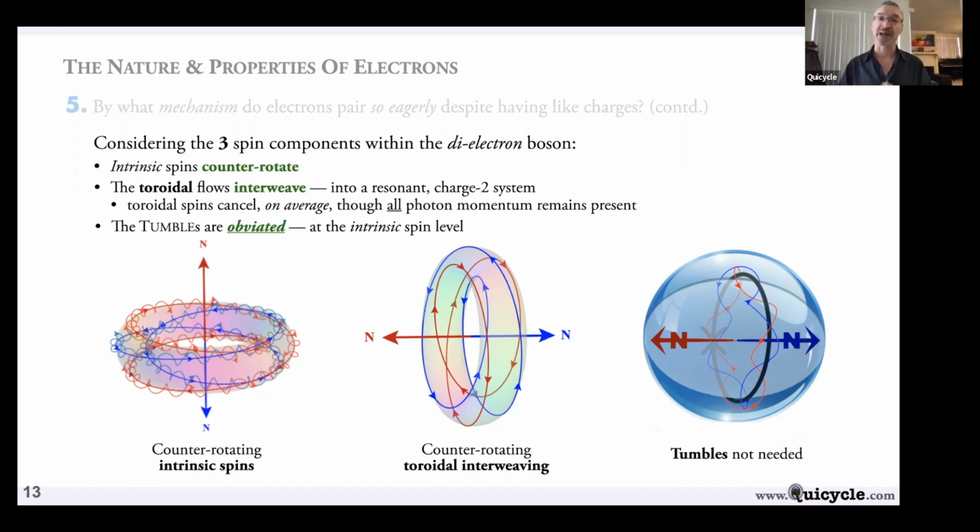So therefore, the di-electron does not need to tumble anymore, also representing a lower angular momentum state. So because of all three of these rotational coherences, the di-electron has a much lower energy than the electrons had individually.